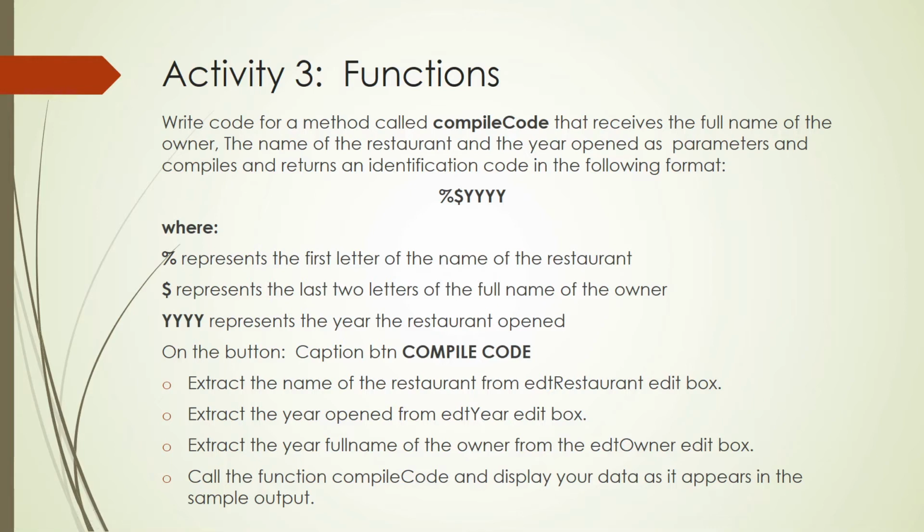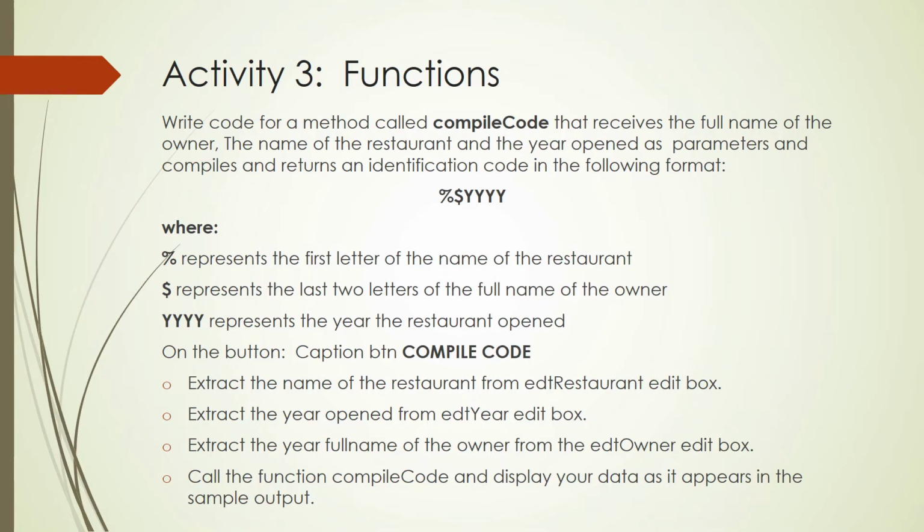Remember that a function is returning a code that you are going to be generating and compiling in your function. And the function is going to return the code in a certain data type. The data type of your function's return value must match the data type in your method specification where you define your method.